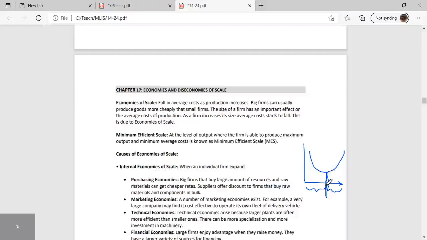This is a very good point. Every firm wants to achieve this, but it's very difficult. You need to increase your production a lot, but you have to be careful that it should not get too large. Then you may fall into diseconomies of scale.